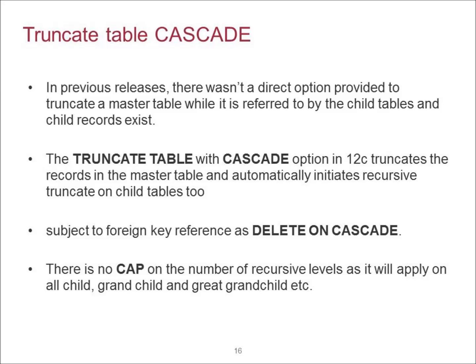However, you have to use the on delete cascade option in your foreign key tables when you're referencing the foreign key, and if you don't do that, then it will error out. And the last bullet says there's no cap on the number of recursive levels, as it will apply to all child, grandchild, and great-grandchild records as well.